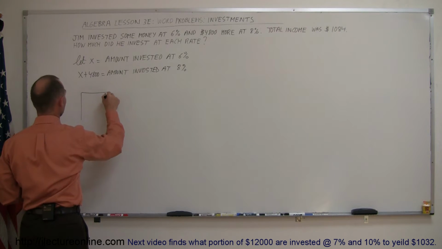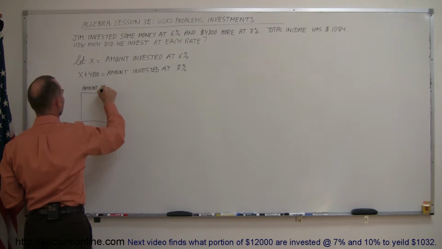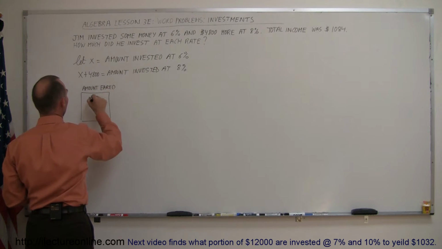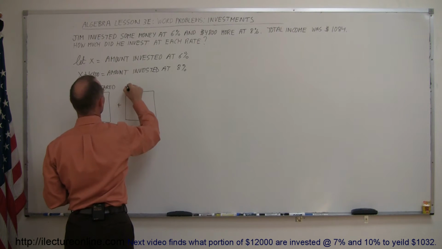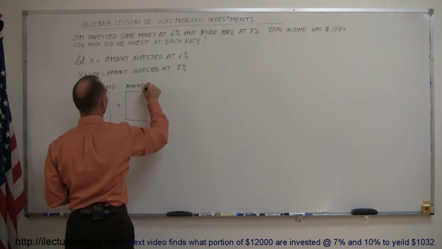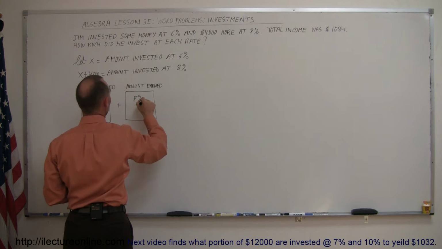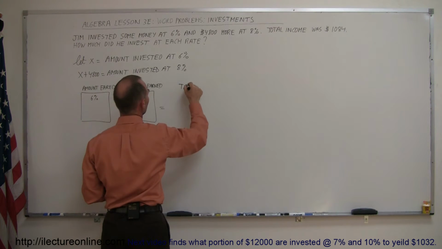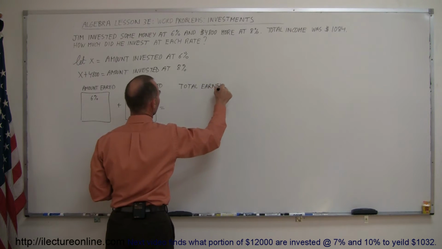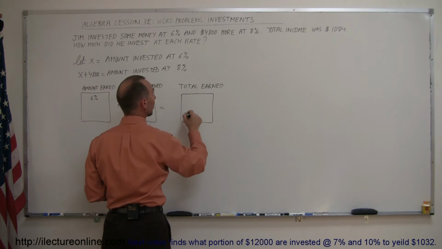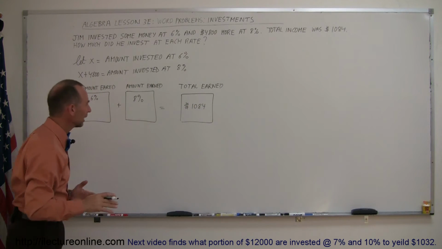So the amount earned at 6% plus the amount earned at 8% should add up to the total earned. And the total earned in this case was $1,084.